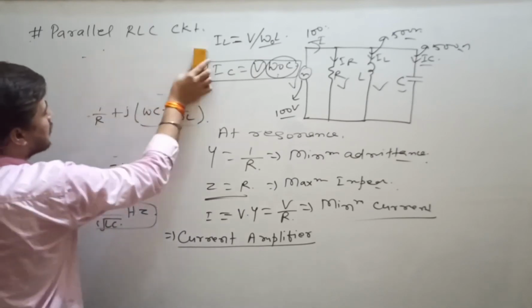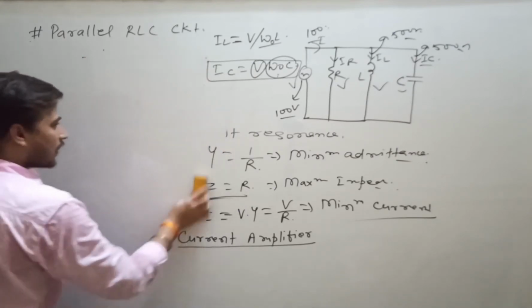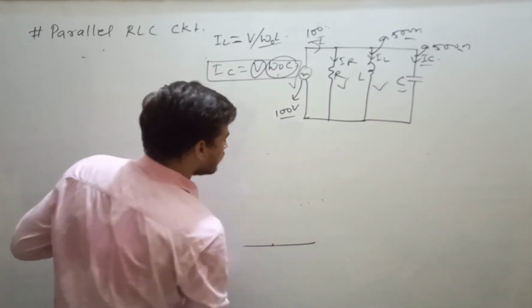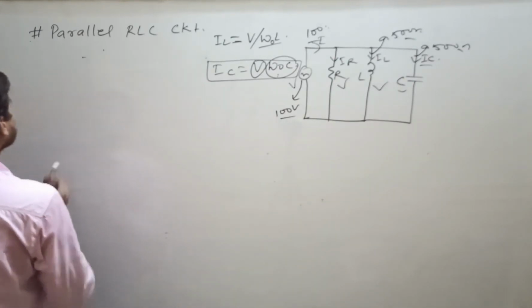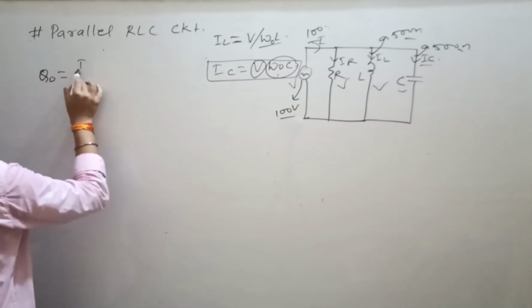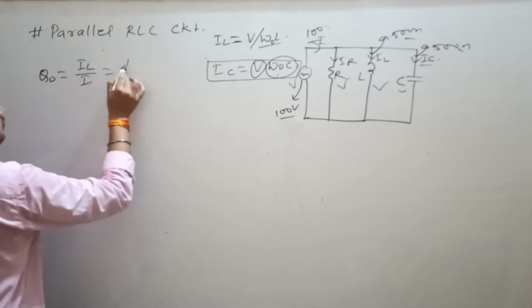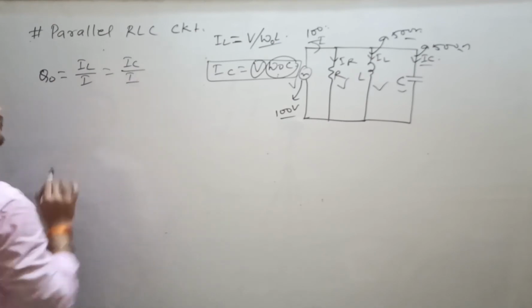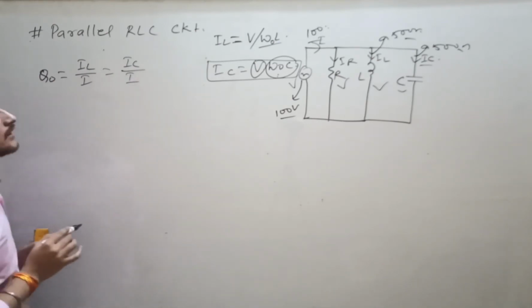First let us see the quality factor. If you write the quality factor Q naught, it will be IL divided by I, or it will be equal to IC divided by I. What is the value of IL?